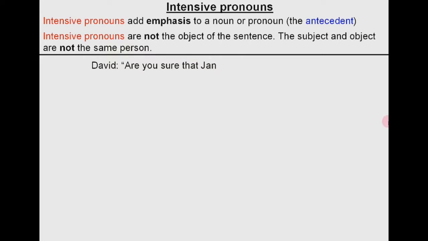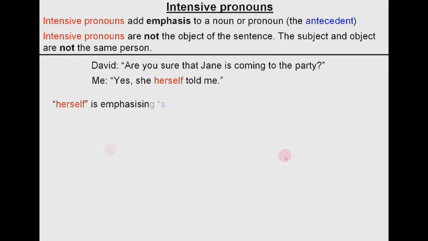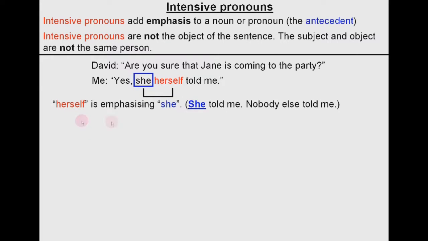Example. Are you sure that Jane is coming to the party? Yes, she herself told me. She herself told me. So here, the word herself is emphasizing she. It's emphasizing or intensifying the subject.